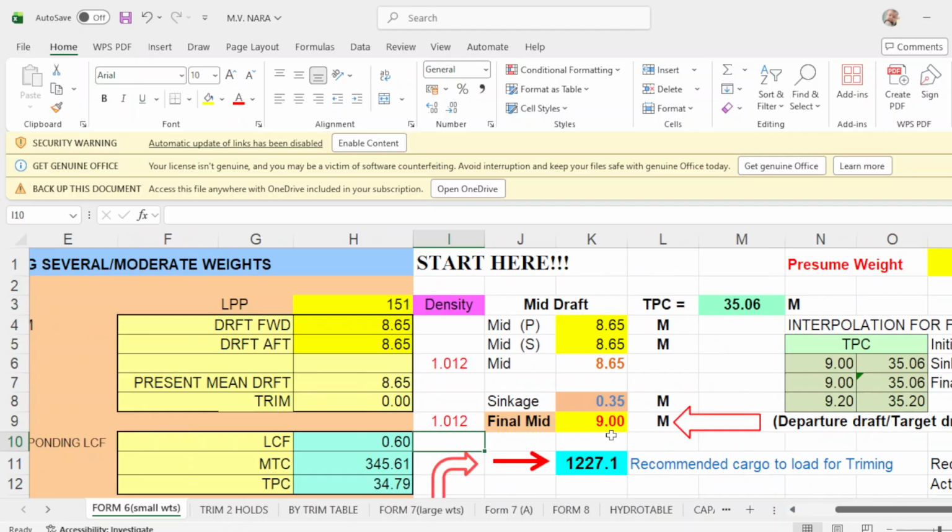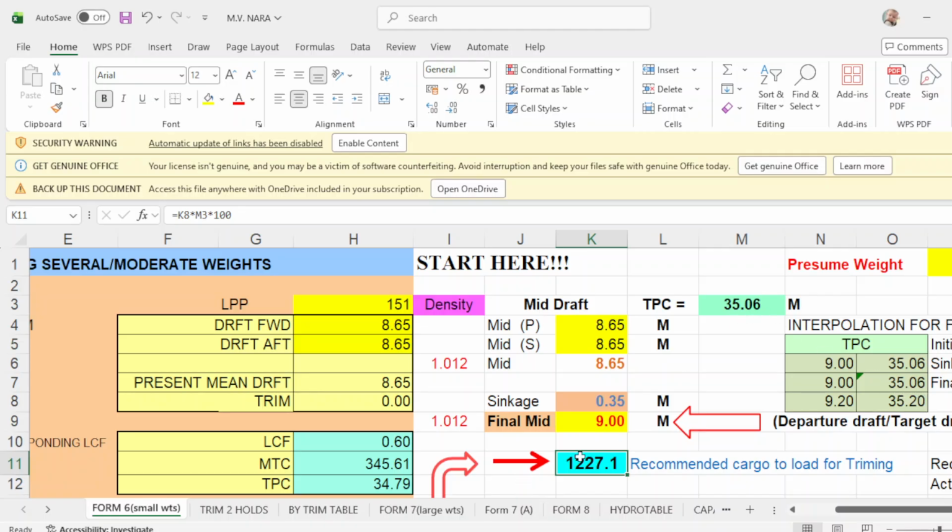Okay. Now to get the recommended cargo to load, that will be sinkage times TPC times 100. Okay, that is this one. Now, your final drop, you interpolate the TPC, and your final TPC of 9 meters is 3506.